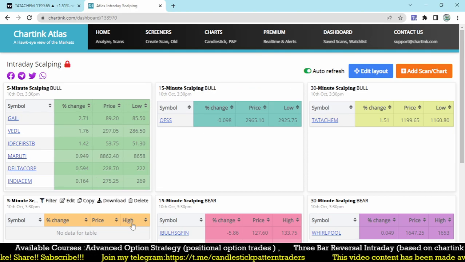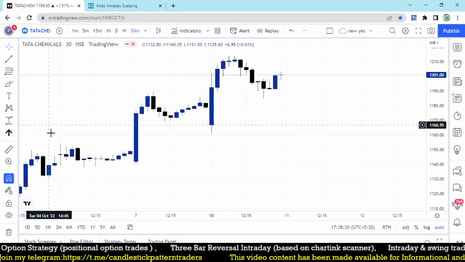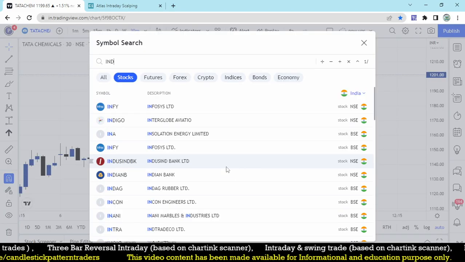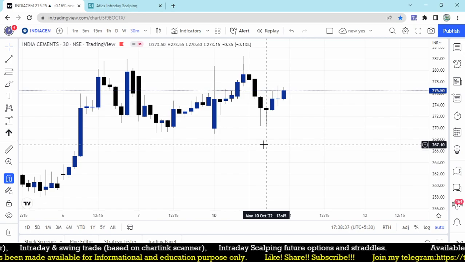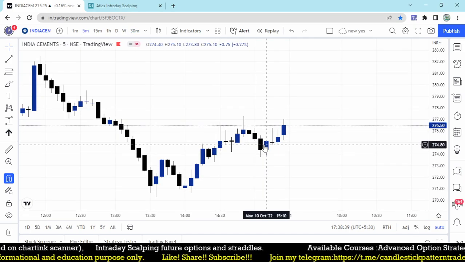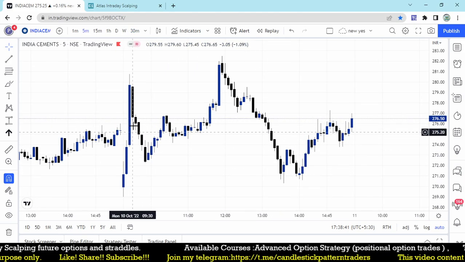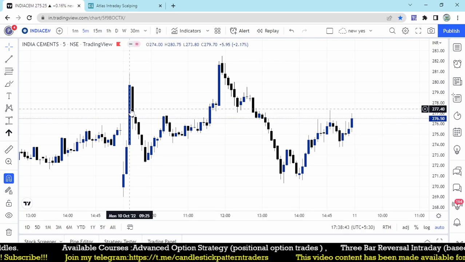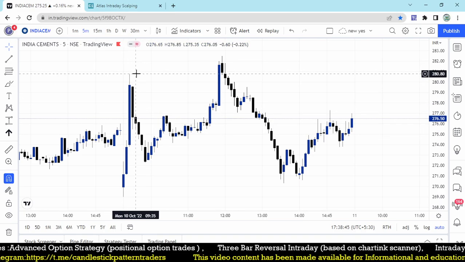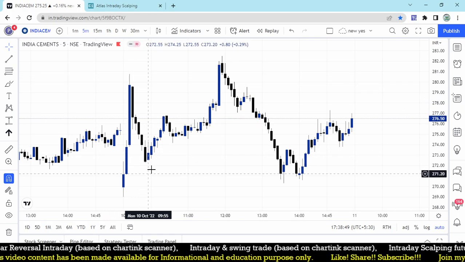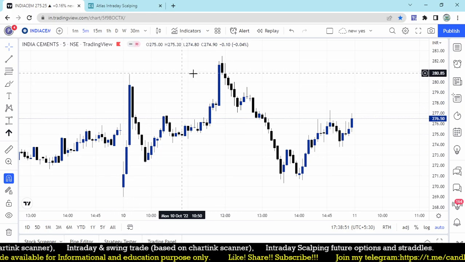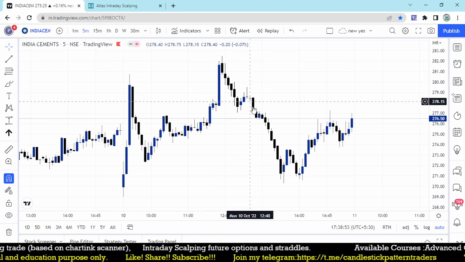And there are a lot more stocks, like India Cements, but India Cements has not moved well today. Let me go for India Cement. India Cements, it's about a 5 minutes time frame. Let me go here. The first 15 minutes high, the third candle high is never broken. So there is no opportunity for buying. But it initially broke the sell, and that also did not work, and again a spike was triggered, and then it's totally going down.